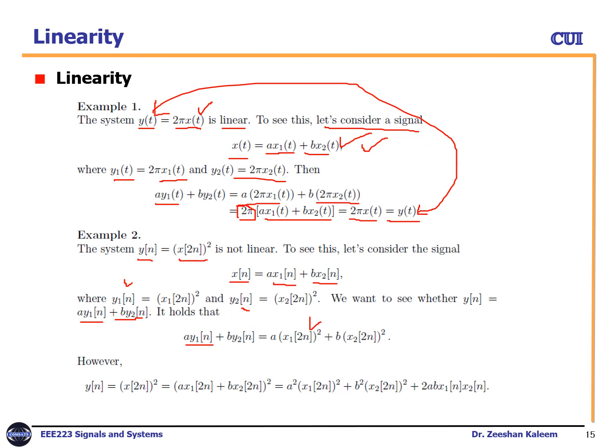If we put x(2n) here using this equation, you will have a x1(2n) plus b x2(2n), and you have to take the whole square. So it becomes a squared plus b squared plus 2ab terms, which is not equal to this one. So they are not equal, which means that this system is non-linear.